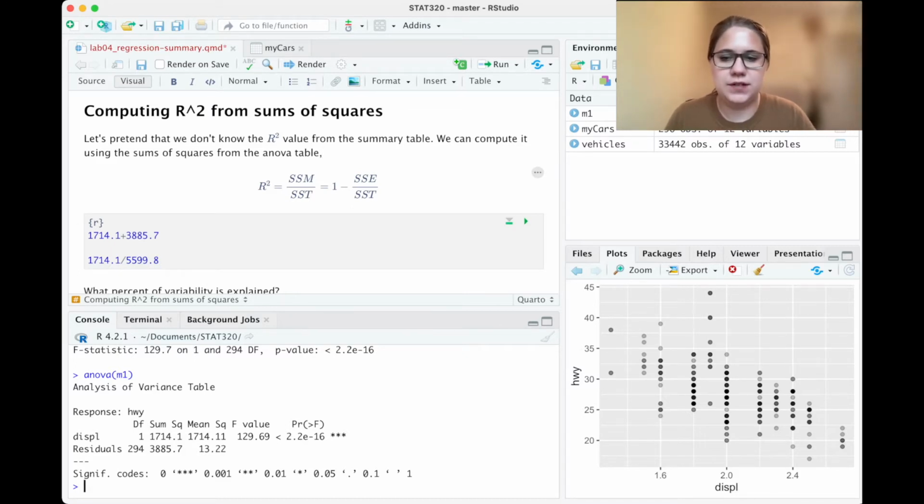And we're given some sums of squares here in the ANOVA table. So if I had this ANOVA table and I wanted to find the r-squared value, I could either take the SSM and put it over the SST, or I could take the SSE, that's the sum of squares of the residuals, divide that by the SST and subtract that all from 1.